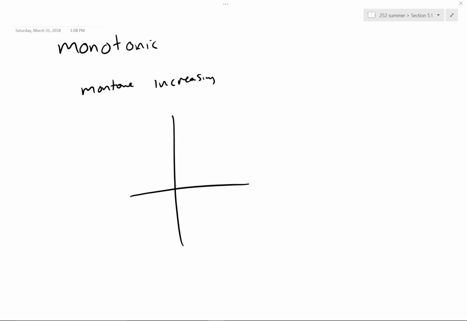We're also going to mention the terminology of monotonic functions. That is, we would say that they are monotone increasing. In other words, they are always going up. It may be that they kind of tapered off, but they're still always going up.